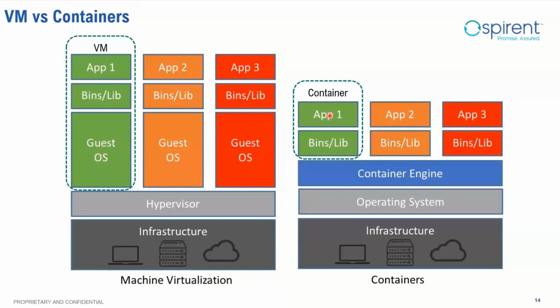It's as good as installing applications on your phone. You install the applications on your phone, and whenever you don't want it, you will delete that. It's the same concept here in the containers, and there is no dependency of the guest operating system. This is one reason where the operators are deciding to move away from NFV and follow cloud native. So cloud native is nothing but containers and Kubernetes.